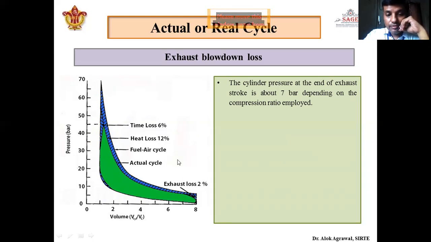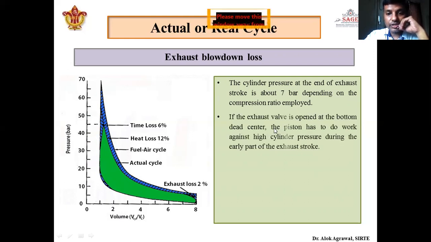But when we open the exhaust valve just before the end of the expansion stroke, some amount of exhaust gases at the top portion of the combustion chamber will start moving out through the exhaust valve, which reduces the pressure, so that less work is required at the exhaust stroke.